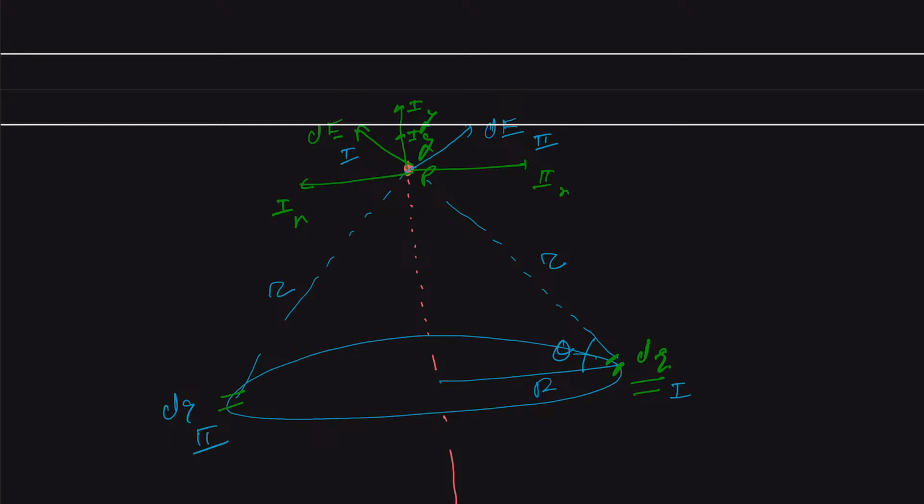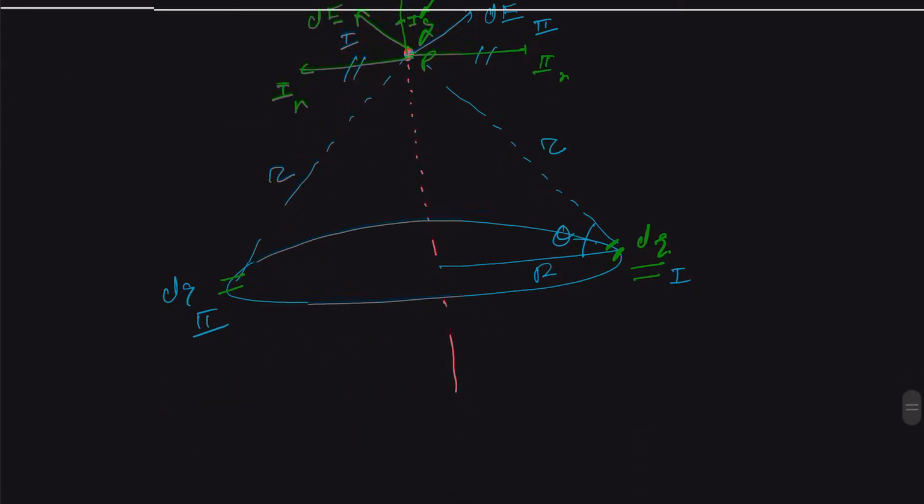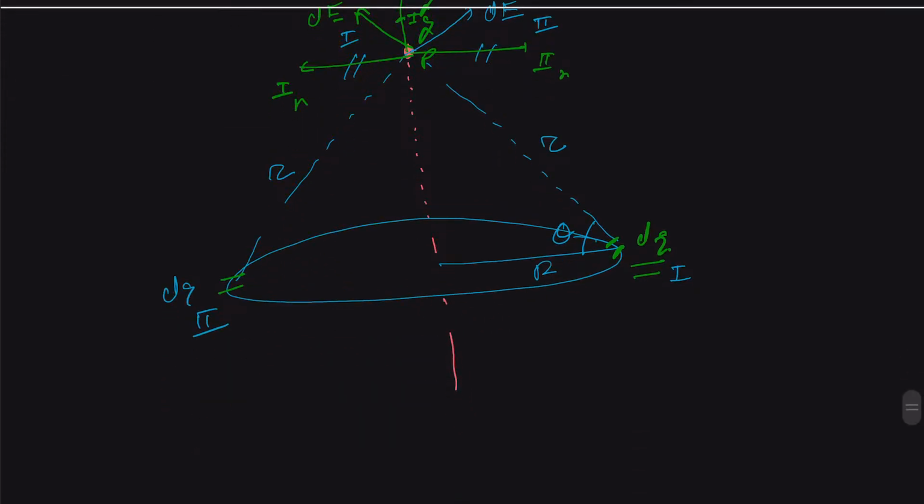From here we can clearly see that our x components are balancing out each other. Similarly, this will be true for all the symmetric elements. Suppose somewhere here we have taken an element, and correspondingly there will be another element somewhere here whose distance will also be the same. Please remember, this ring is in the xy plane, and this point P is perpendicular to it, that is, on the z axis.